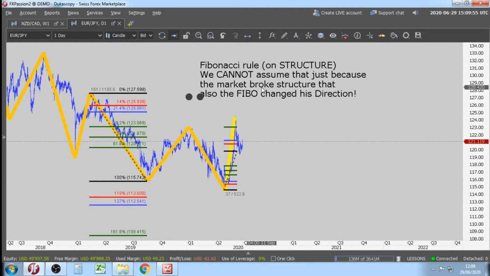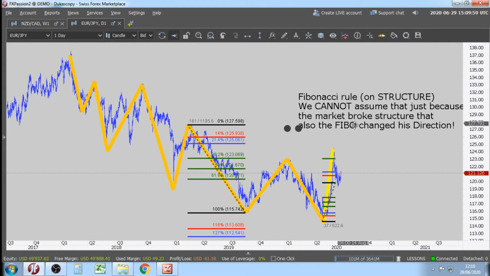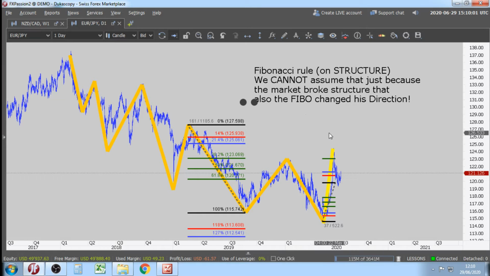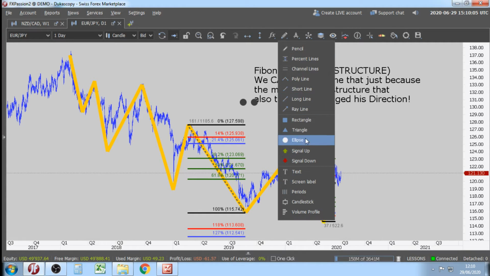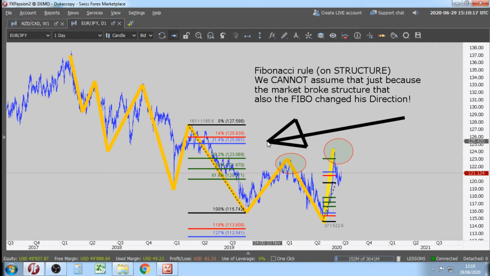Okay, Fibonacci rule on structure, and this is the daily chart. We cannot assume that just because the market broke structure, meaning this is the lower high and this is now the higher high, the Fibonacci changed his direction.